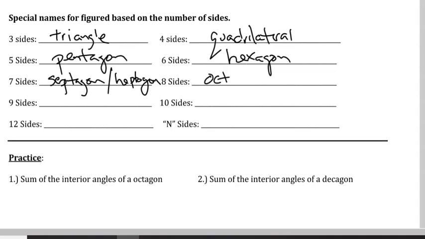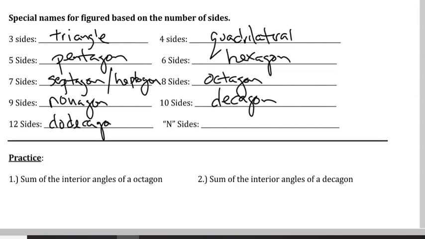8-sided is octagon. I used to have a class that called it a stopagon because it's the stop sign, but it's an octagon. 9 sides is nonagon. 10 sides is decagon. 11 we call an 11gon. 12 is a dodecagon.